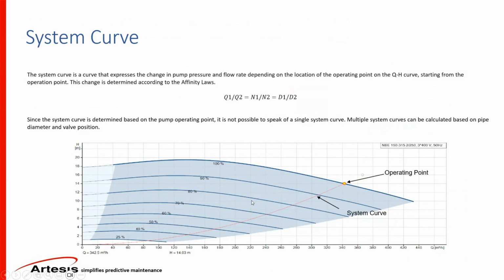So this is essentially an imaginary curve created and calculated by the software. Every time you change your speed and flow and head, it will calculate a new best efficiency point, and then it will keep track of that point with the actual measurement. So this is going to be the reference point for that.